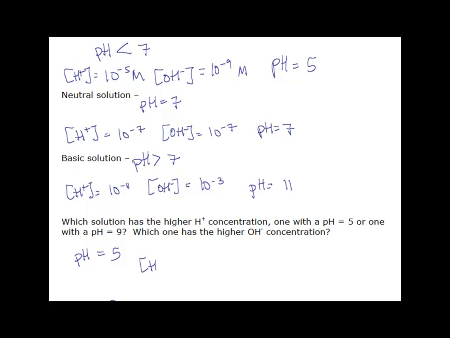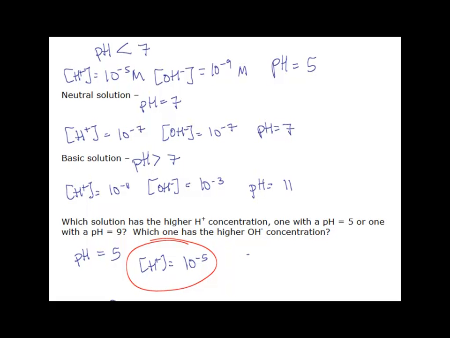The hydrogen ion concentration for a pH of 5 would be 10 to the negative 5th. For a pH of 9 it would be 10 to the negative 9th. So which one has the higher hydrogen ion concentration? It's tricky, because you might think it's 10 to the negative 9th, but that's actually the smaller number. So the pH of 5 solution actually has the higher hydrogen ion concentration.